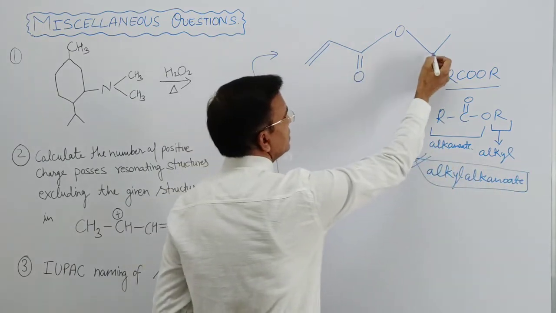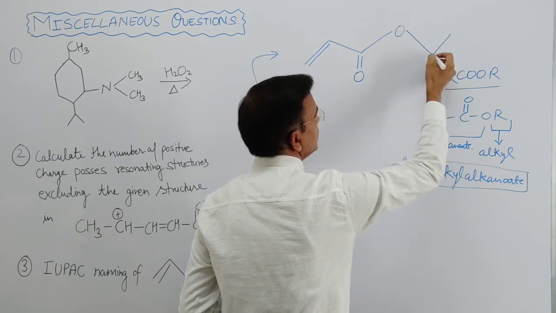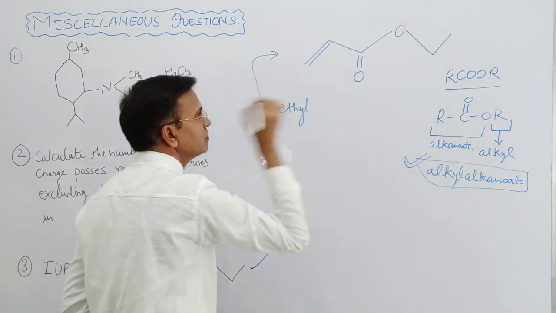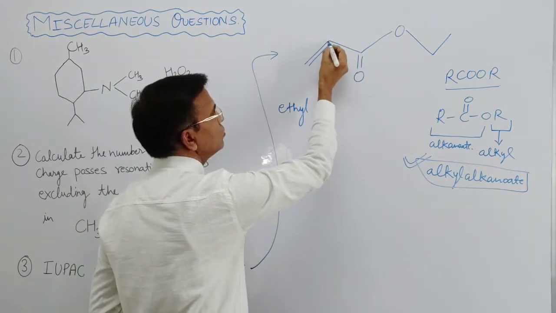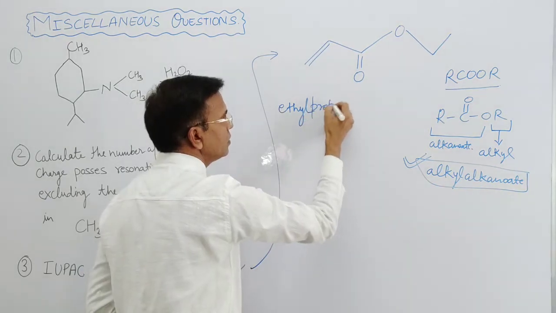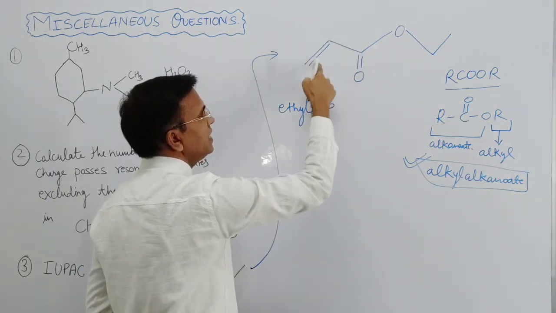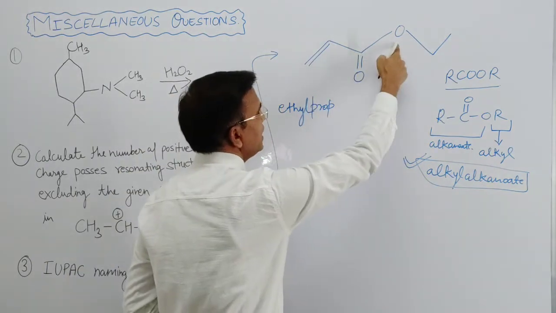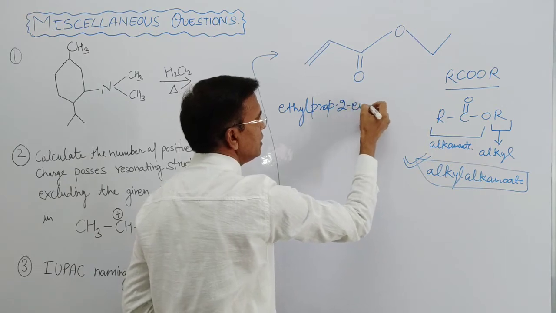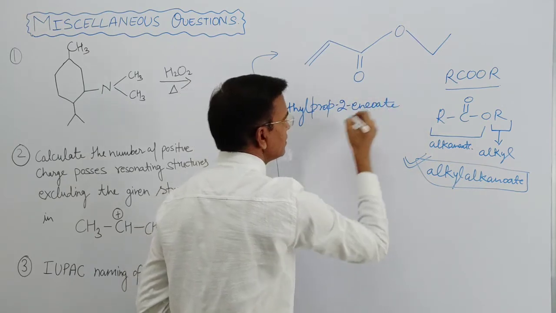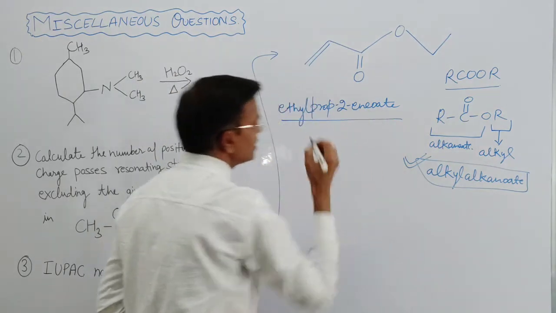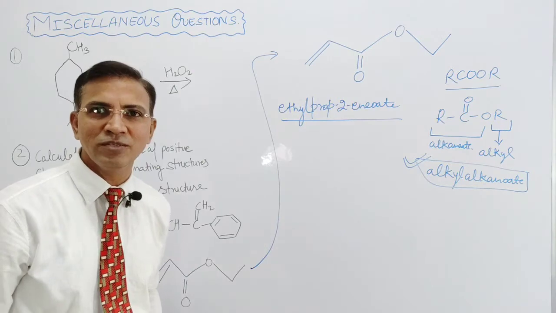This is 1 and 2, an ethyl group is there, so ethyl; here 1, 2, 3, prop, 1, 2, ene and oate. So ethyl prop-2-enoate. This is the IUPAC name of the given species.